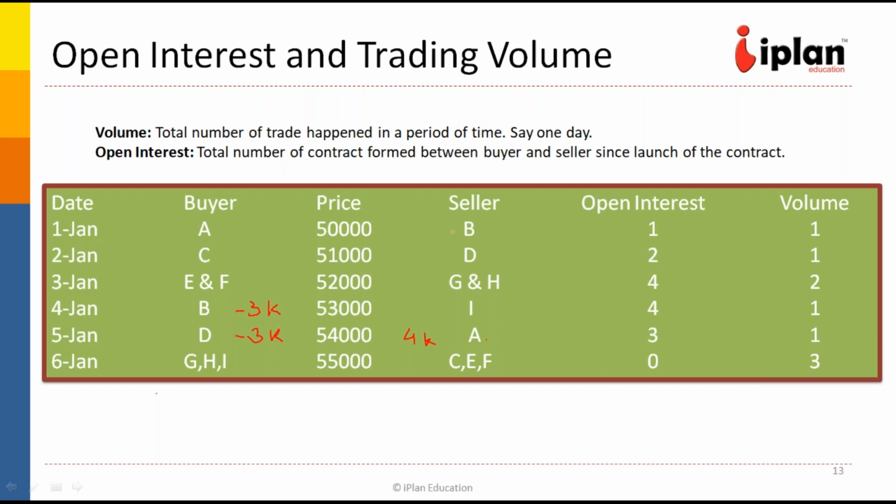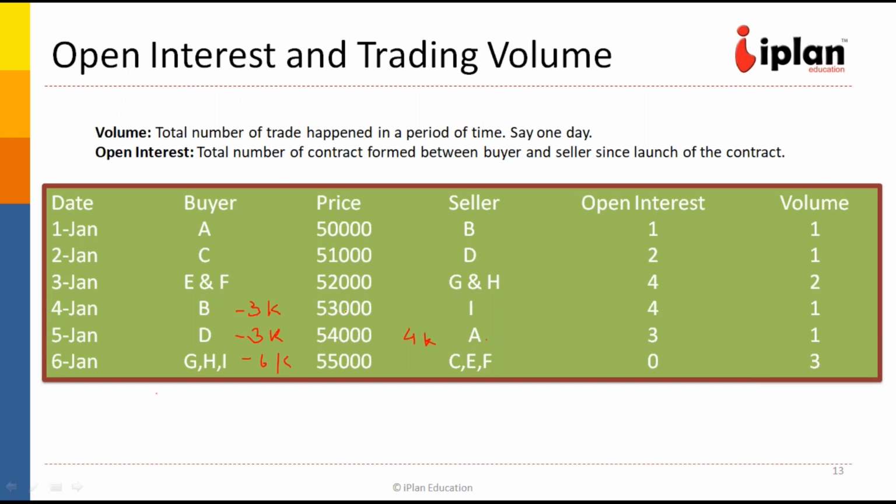So B was a short seller. If the price increases, it incurs a loss to him. D also sold at 51,000, the price increased, and it will incur a loss of 3,000. GH sold at 52,000, and the price went to 55,000. Both together incurred a loss of 6,000, so 3,000 each. Right?